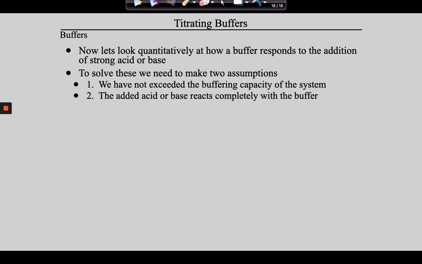The buffer still has enough of one of those two buffered pairs that it's still being a buffer. But then the second assumption that we have to make is this. The acid or base that we are adding reacts completely with the buffer. What does that tell us about the acid or base?